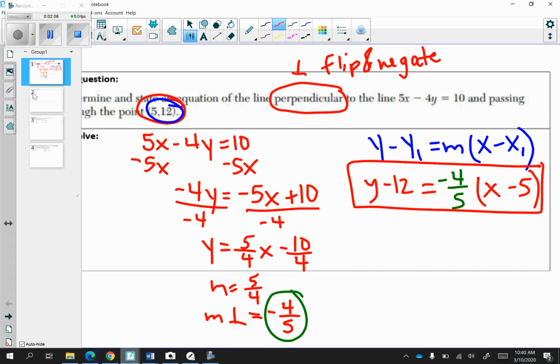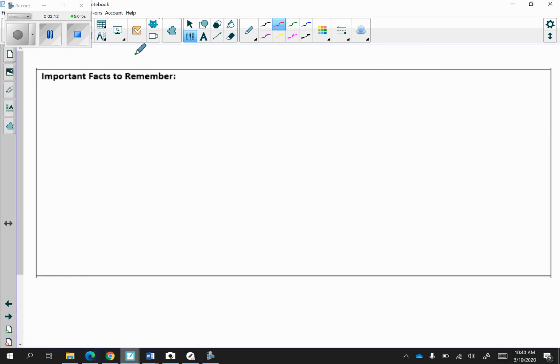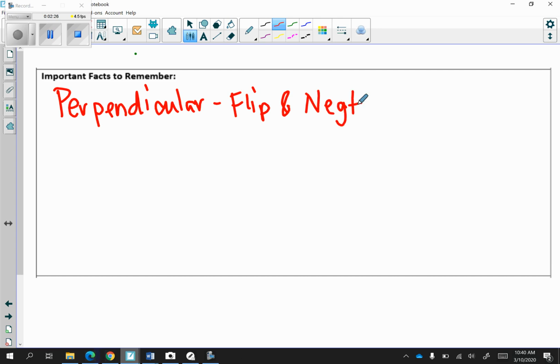If we move on to our next part, it says facts to remember. So when dealing with equations of line, we need to know anytime we see the word perpendicular, it means to flip and negate. And that symbol is this.